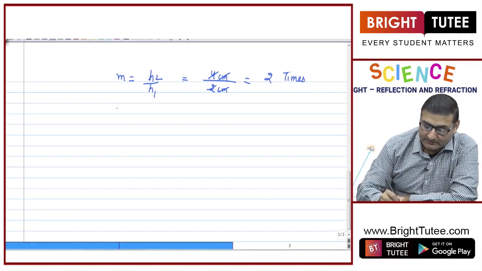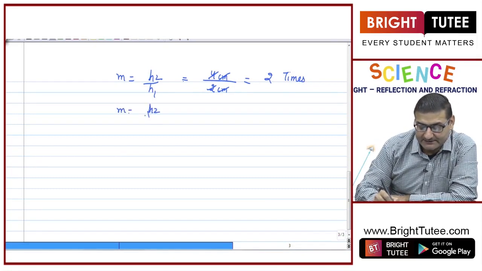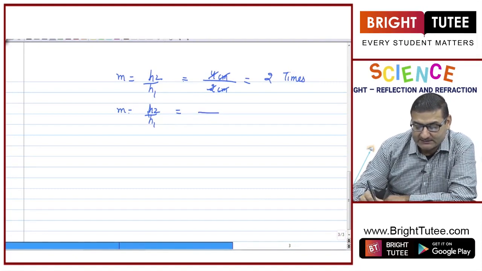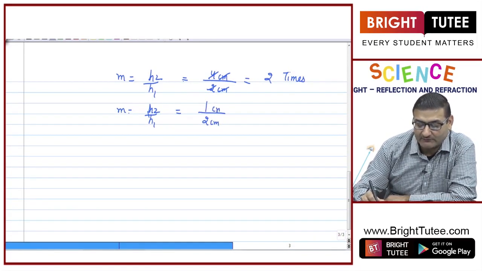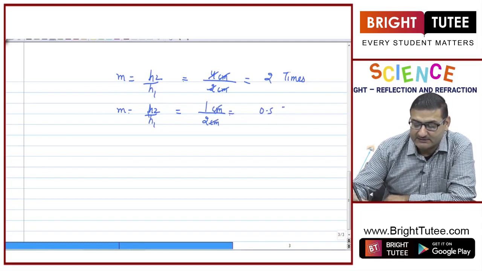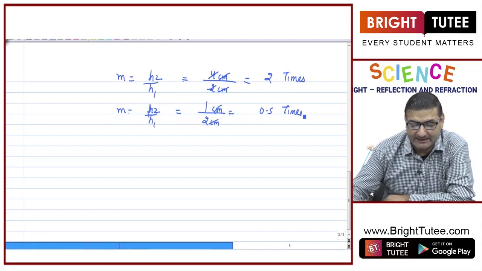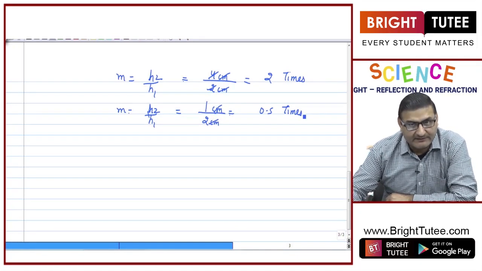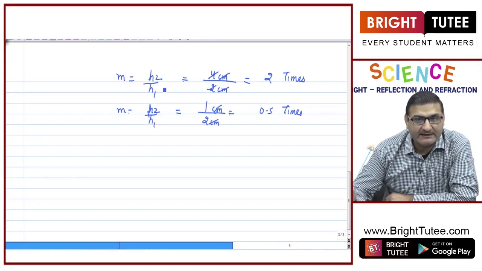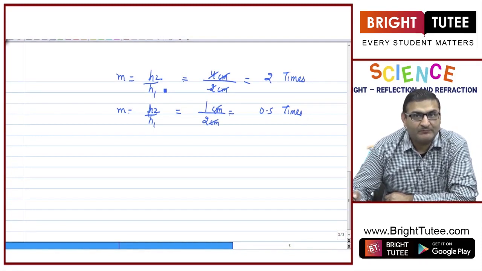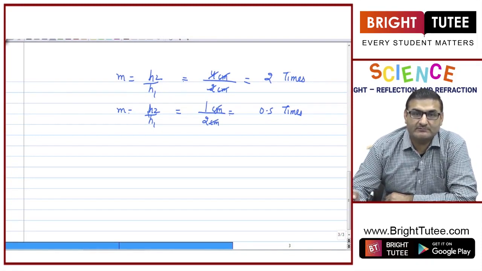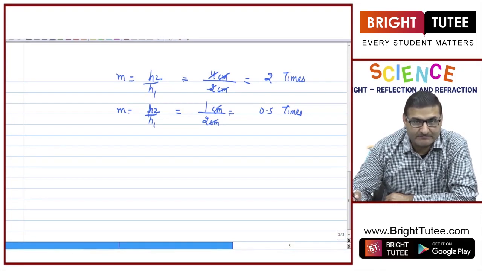Clear? Third option, magnification is the same h2 by h1. The size of the object was 2 centimeters, and if the height of the image is 1 centimeter, then I will say that the image is 0.5 times magnified. Fine. So this is how we represent magnification, number 1. Number 2, magnification has no units of its own. This magnification is expressed in number of times.